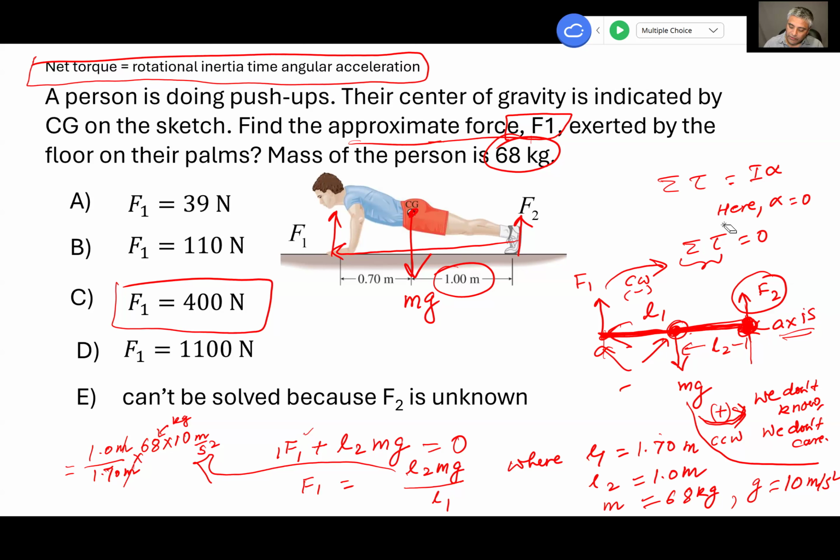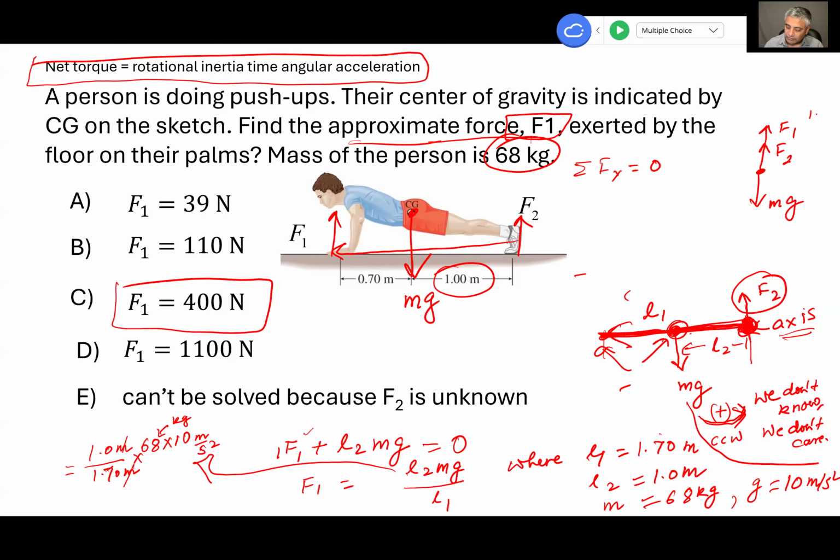And let's say if now you have to find F2, you can use just the translational equilibrium condition. And for that, we need to make a new free body diagram. And I noticed while grading, many of you did not make this free body diagram. So whenever you are using this formula, you need this free body diagram, not this, okay?